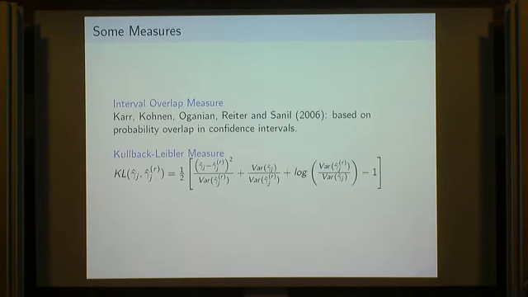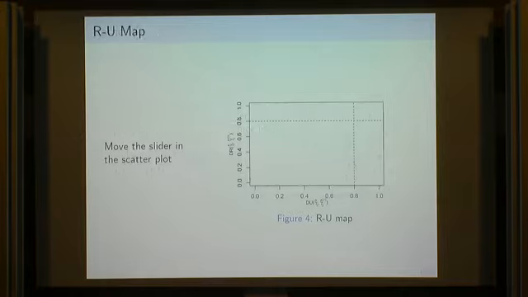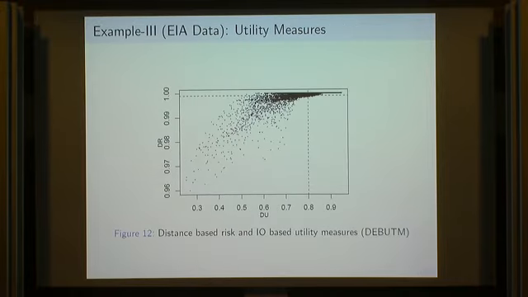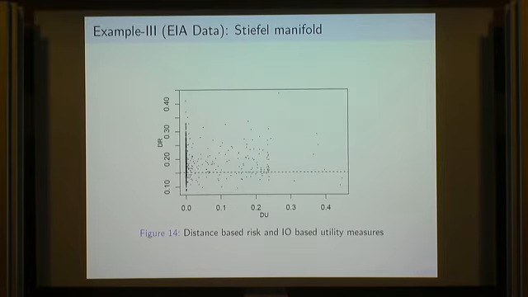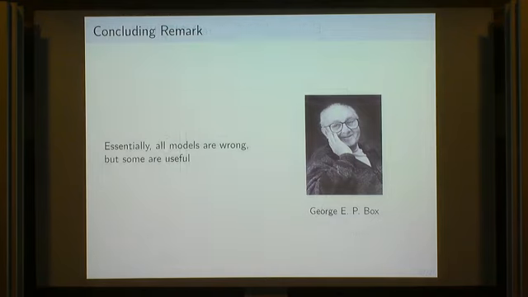So we can only rely on a single model or single data generating process. In fact, what happens, all models are wrong, some models are useful. My conclusion is from George Box, who said eventually all models are wrong, but some are useful.